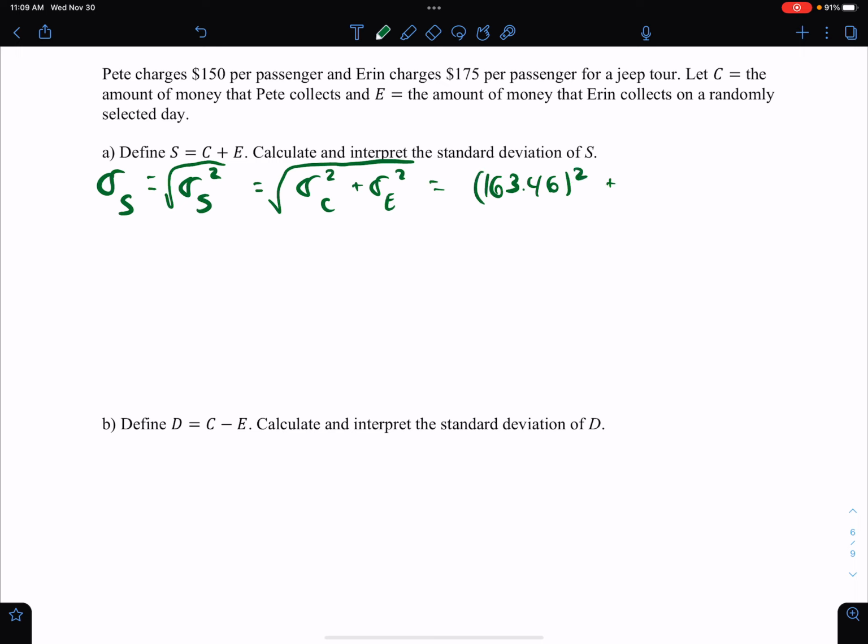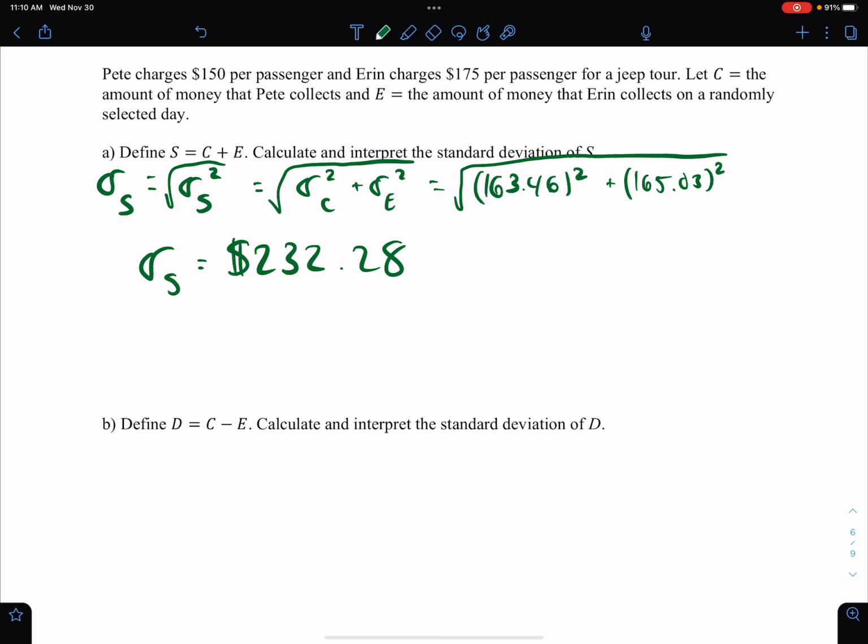And then add 165.03, which was the standard deviation for Aaron's money. Square it, add them together, you're going to get the variance. But we want the standard deviation, so you would square root it. And from there, you should get, rounding to the nearest cent because we're talking money, $232.28.